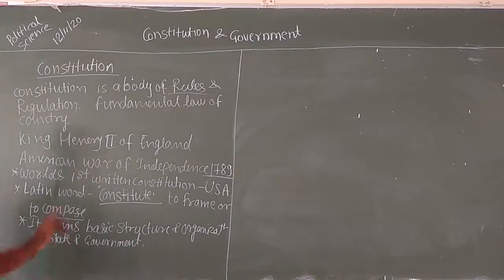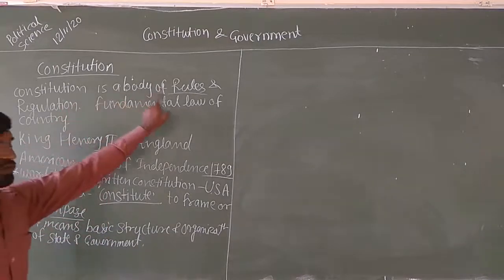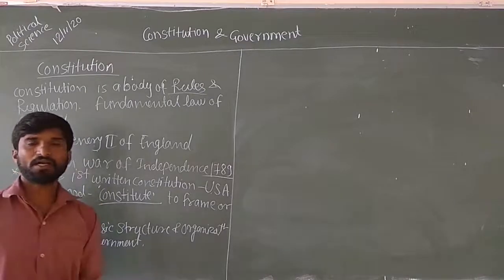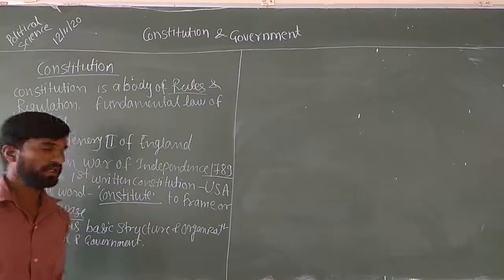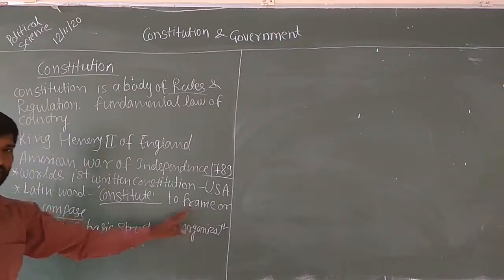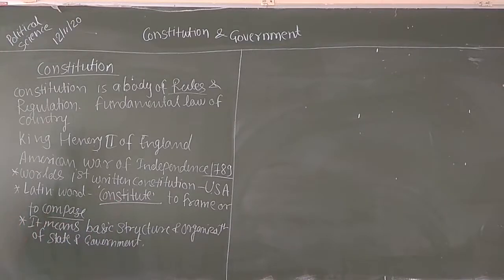So constitution is the basic structure and organization of the state and government. Even it is called the body of rules and regulations, maybe in written or unwritten form. And the constitution word has been derived from the Latin word constituere, which means to frame or to compose. Okay, is it clear?